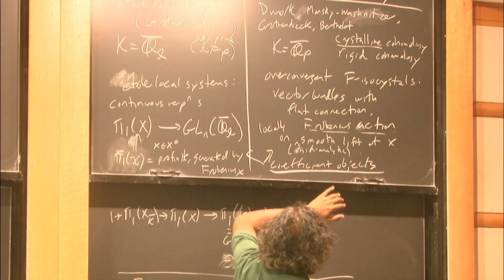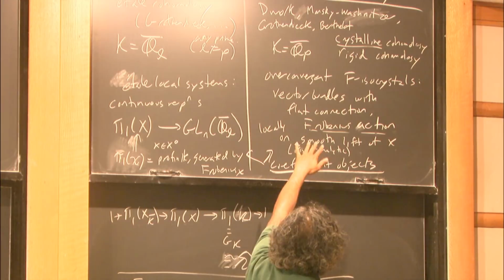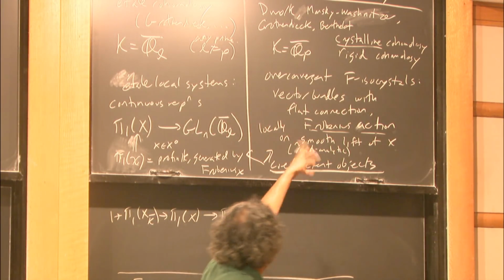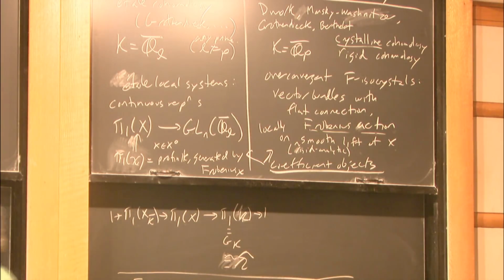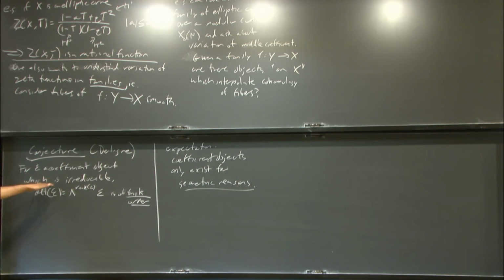In this context, there's a trivial rank 1 vector bundle, namely the one coming from the structure sheaf, which has a flat connection, and you can put a Frobenius action on that. So I'm going to assume that E is irreducible and its determinant is of finite order. This makes E sufficiently rigid that the following two things are expected to be true.